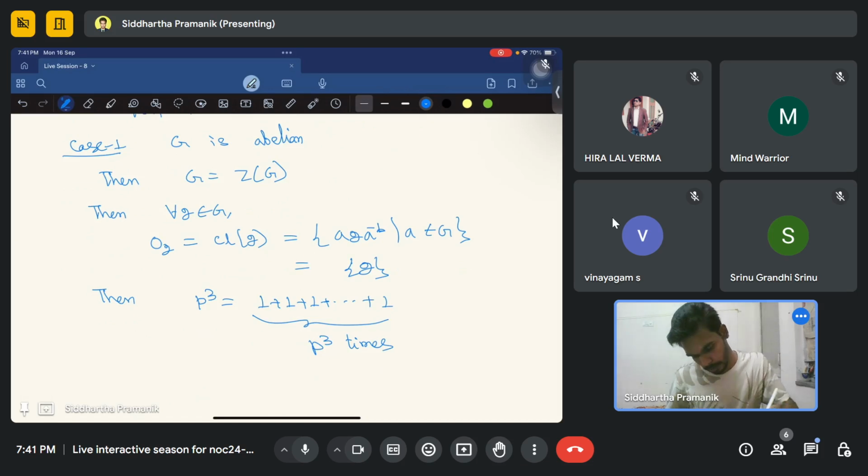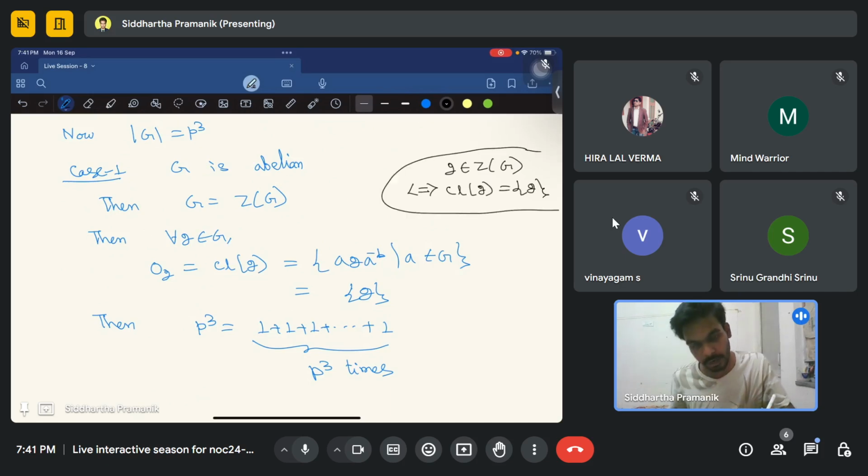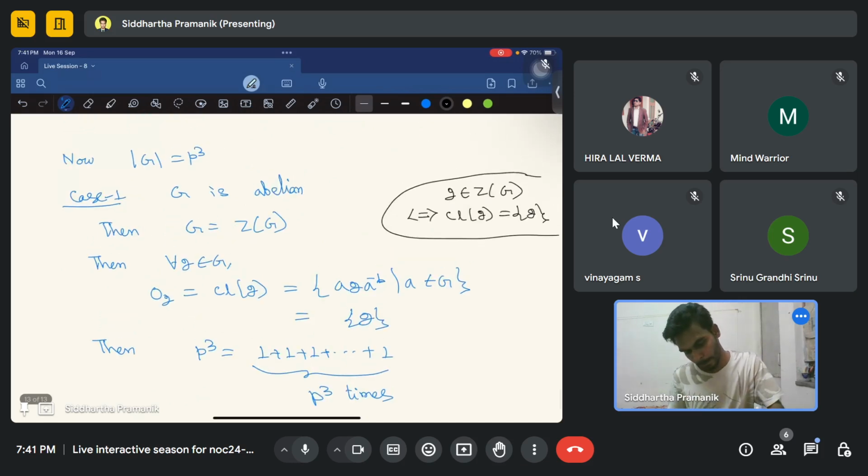The important thing here is that g belongs to Z(G) if and only if the conjugacy class of g is a singleton. This is one small exercise you can try. It is very easy. So let's do case 2, when G is non-abelian.